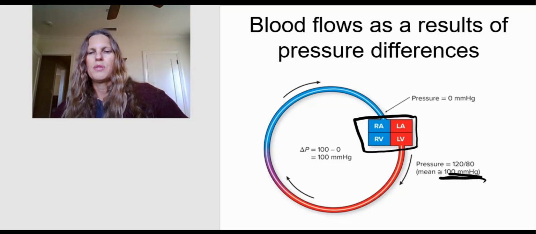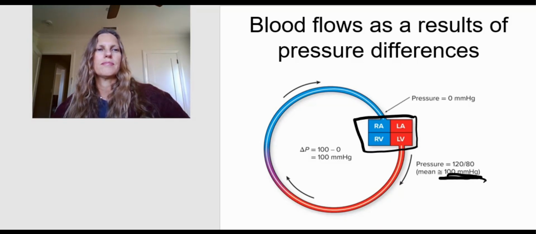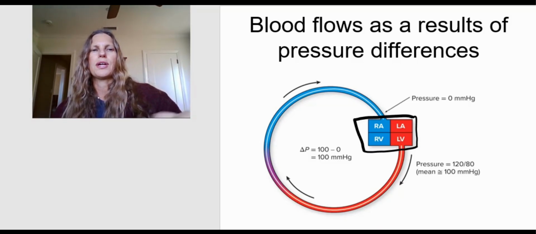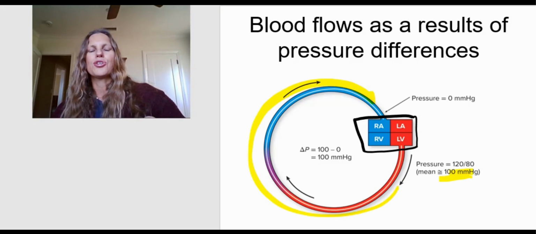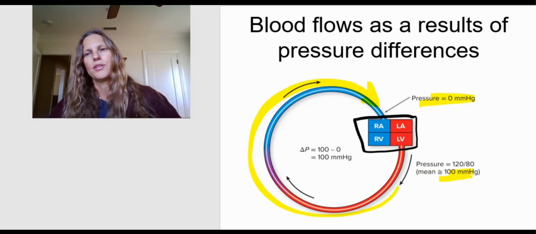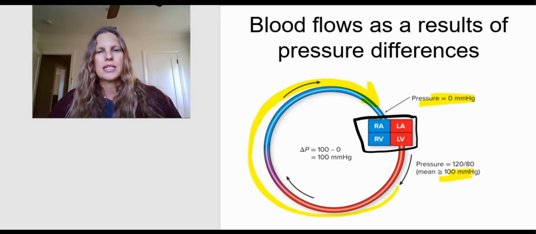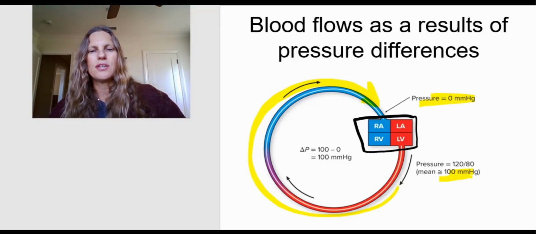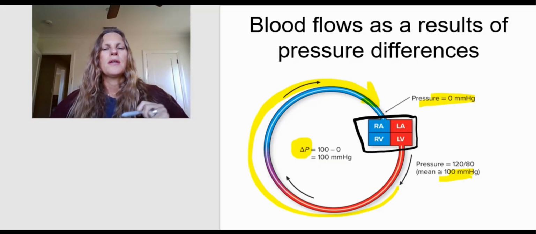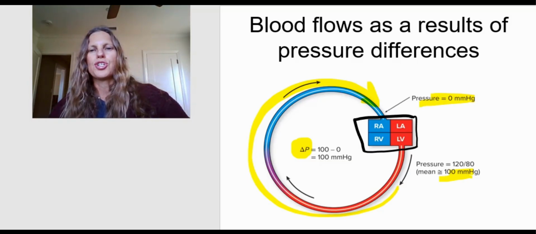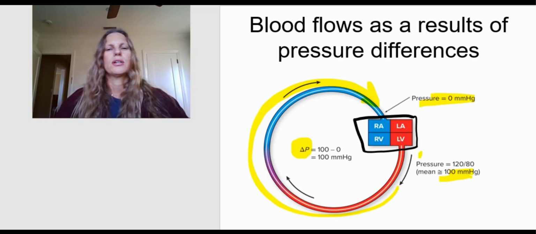So there's your mean pressure in your arterial system, 100 millimeters of mercury. When the blood gets all the way back to the right side of the heart, the pressure is zip, very little. So that's a pressure gradient. Your pressure gradient is the difference. So your change in pressure right there is the difference between the pressure here and the pressure here.